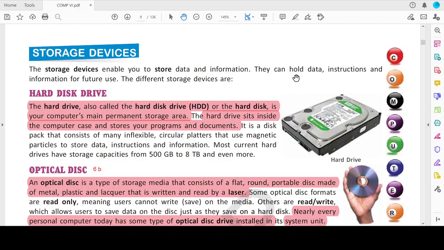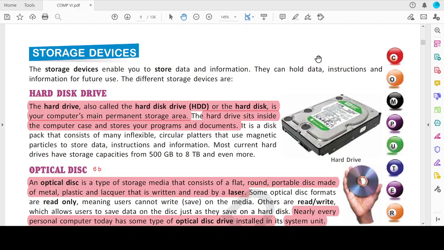RAM transfers it to the CPU registers, and the CPU fetches data from the RAM and processes it. So data is taken from the hard disk to the RAM, and from the RAM it is processed by the processor.